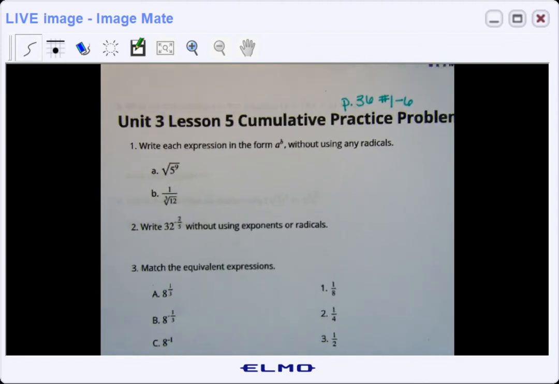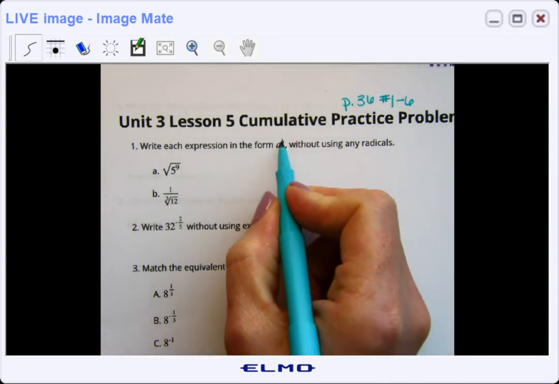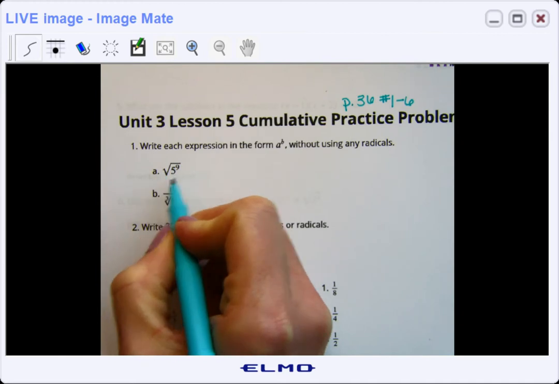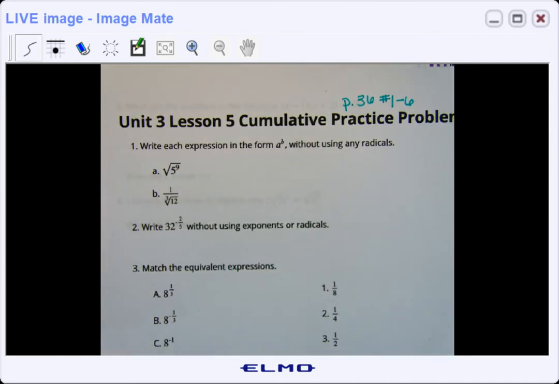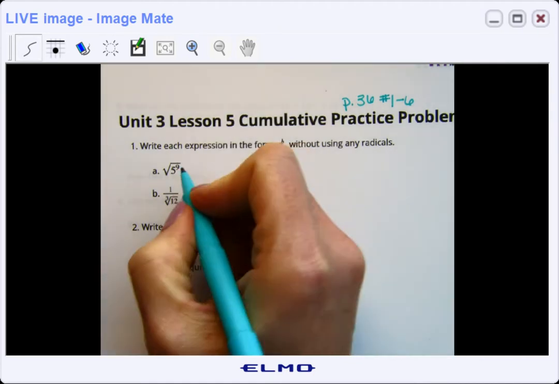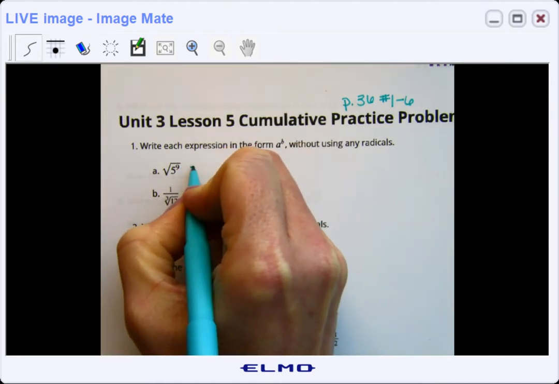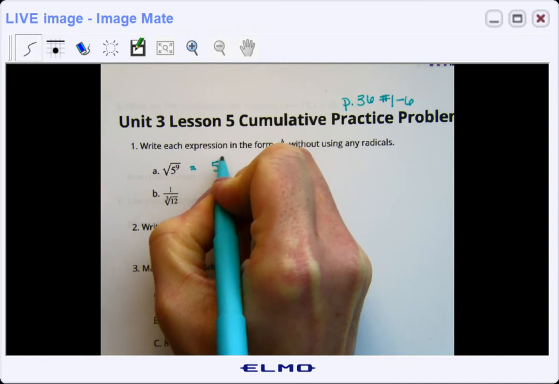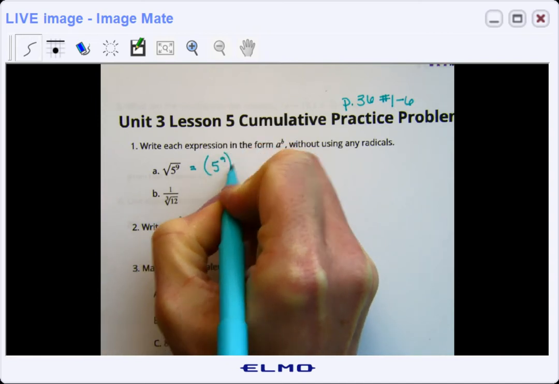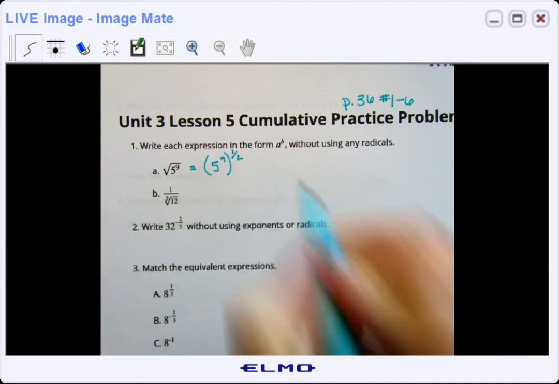For number 1, write each expression in the form a to the b without using any radicals. So a is going to be our base. For this first one, I know the square root gives me an exponent of 1/2. So this is equal to what's inside the square root, 5 to the ninth, and then to the 1/2.